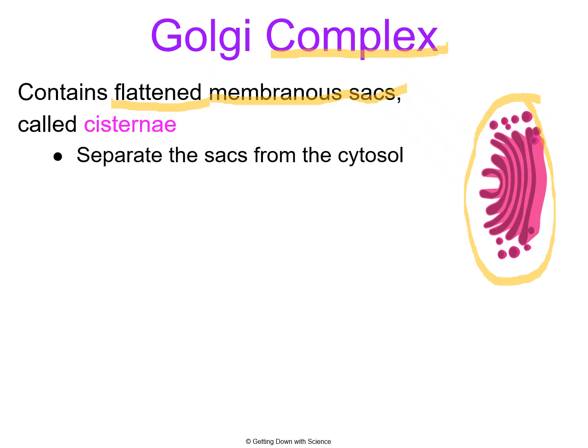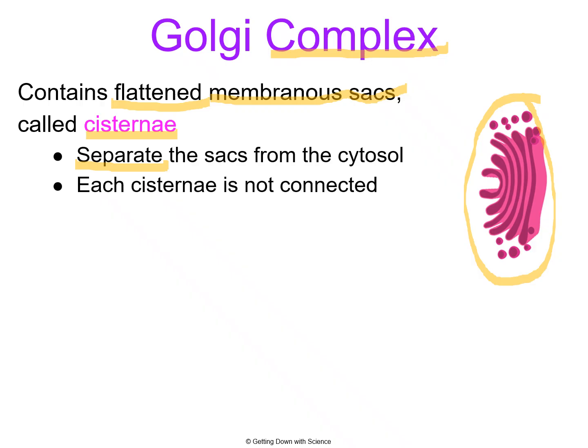These flattened membranous sacs are called cisternae, so that's their name. That's the name that is given to these sacs. And each individual sac is separate, unlike the endoplasmic reticulum. So even though they're very close together, there is cytoplasm between them.